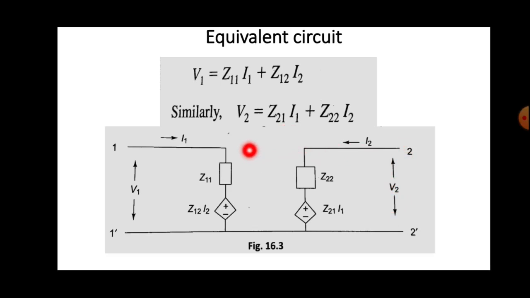Here Z22 is the open circuit output impedance, and you can represent it as a rectangular box, with I2 as the current flowing through it. The next term is a voltage, so you can represent it by a dependent voltage source, because its value depends upon the current. We mark its value as Z21 I1. So this complete portion represents the equivalent circuit.